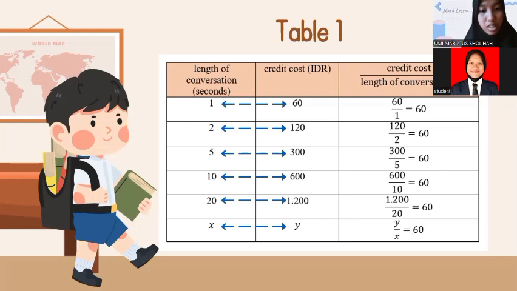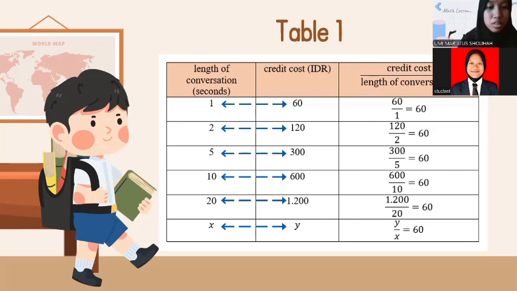In addition, the form y equal to 60 multiplied by x is a linear equation form, namely an equation whose variables are raised to the power of 1.